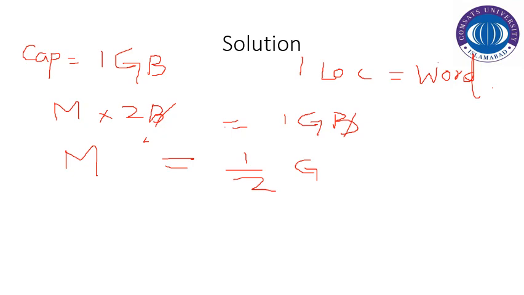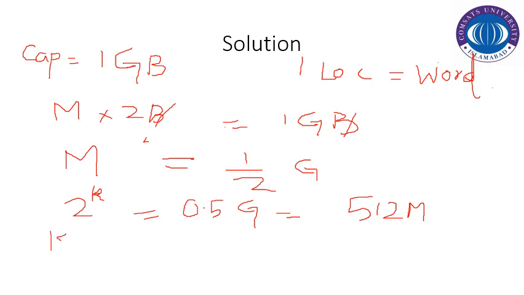So m is basically equal to 2 raised to power k, that is equal to 0.5 giga or 1 by 2 giga, or we can say 512 mega locations, or 0.5 giga, whatever unit you want to use.